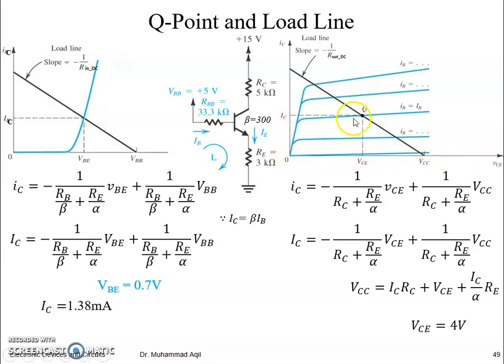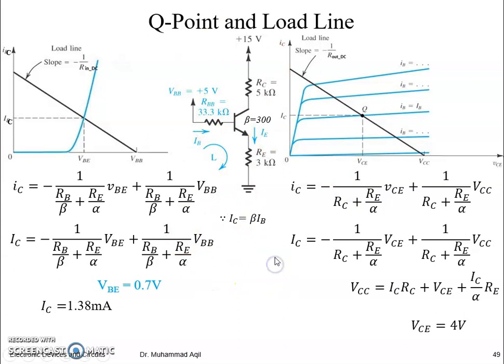So this is the Q point at the output side, this is the Q point at the input side, this is the load line at the input side, this is the load line at the output side. So far this is for a DC energized amplifier.